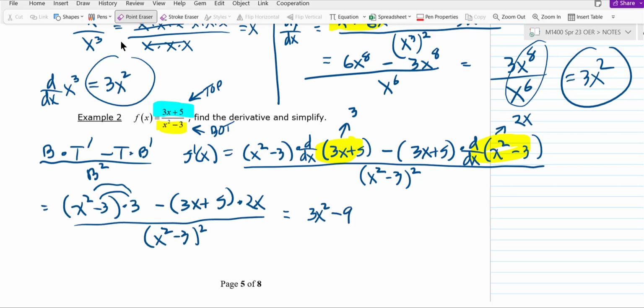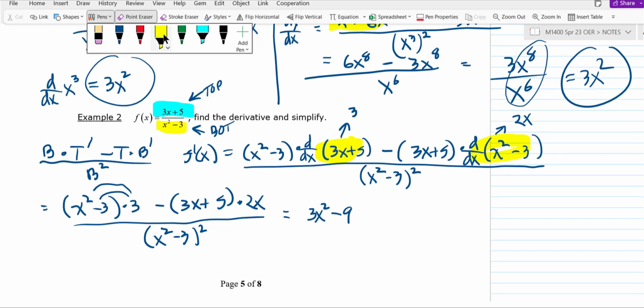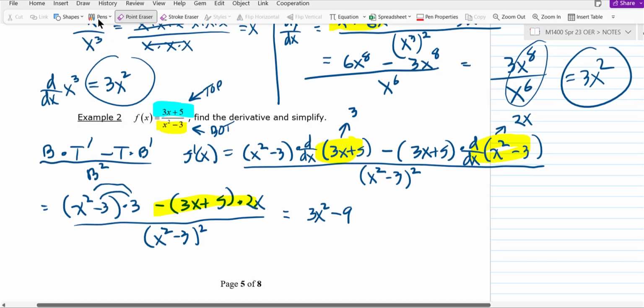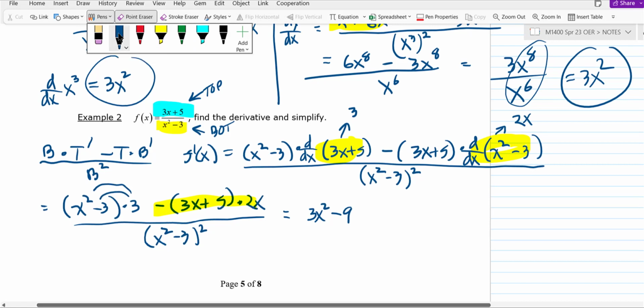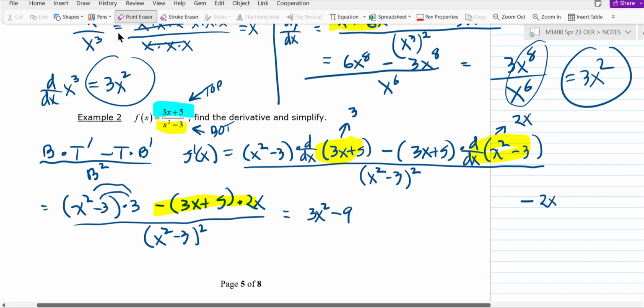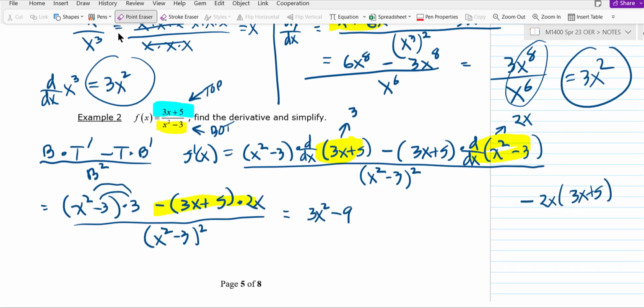Okay, here's where students slip up algebraically, and it happens a lot. You've got to come up with a strategy to make sure that you do all of this correctly. I find a lot of times students are better on this part of the problem if they put the 2x in front of the 3x plus 5. You don't have to do that, but that's a good way to look at it. Now what you have is negative 2x times 3x is negative 6x squared. You've got to have that sign right.